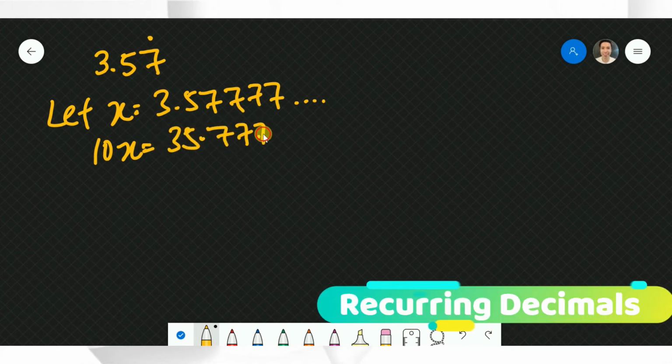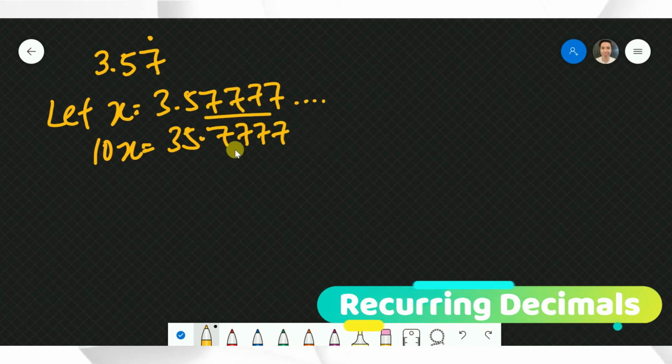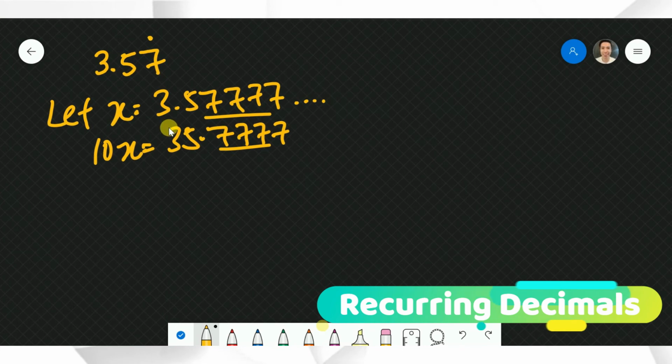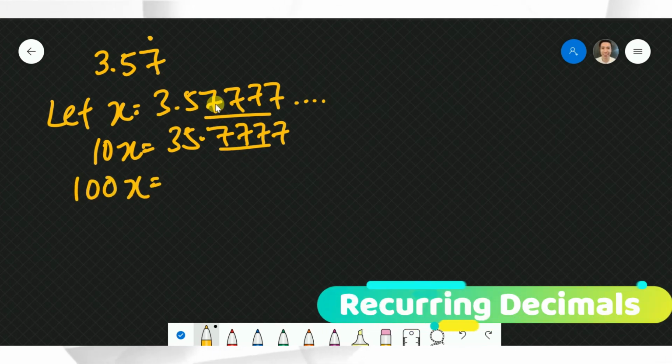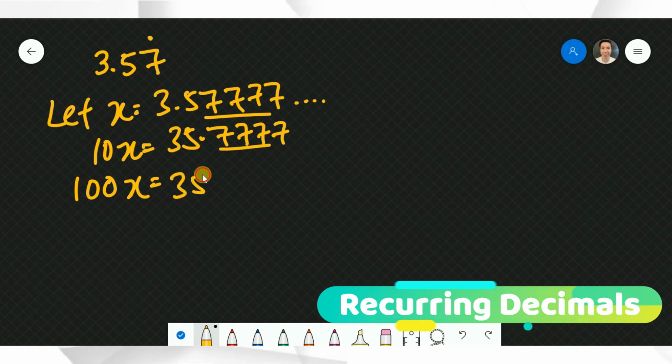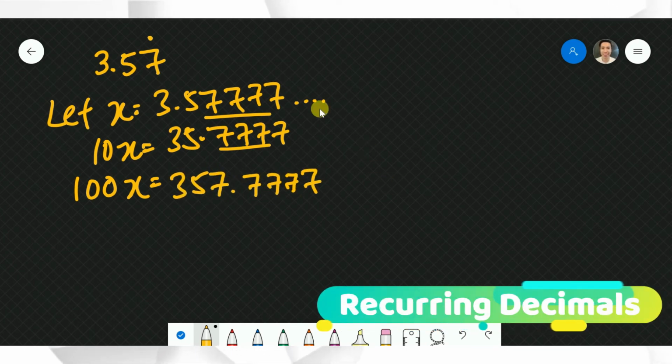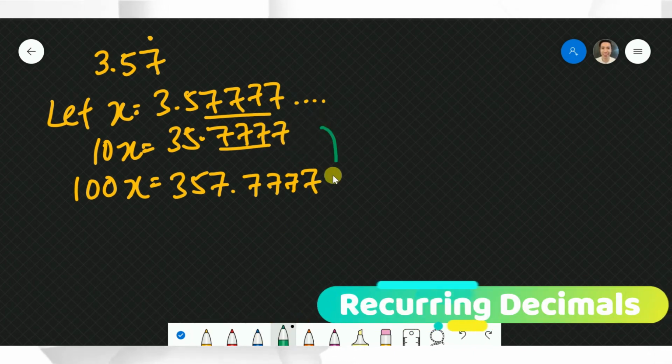35.7777. Okay, so these two equations we cannot get the same at the back, right? So it means we need to keep on doing. 100x is, so times 100 for the first one. So it's 357.7777. Yeah, so from here we know that the second equation and the third equation have 7 at the back, okay, which is the same.